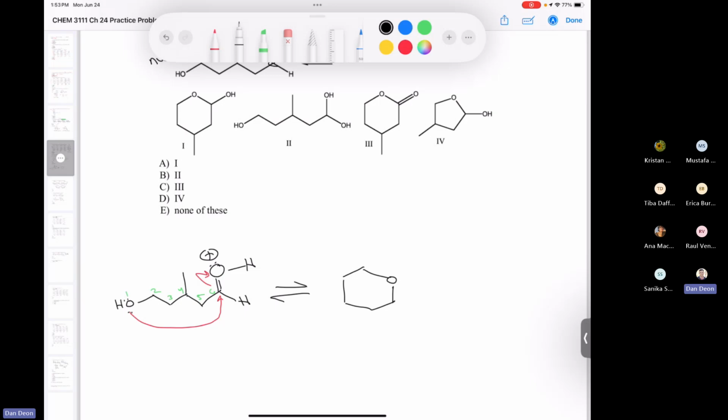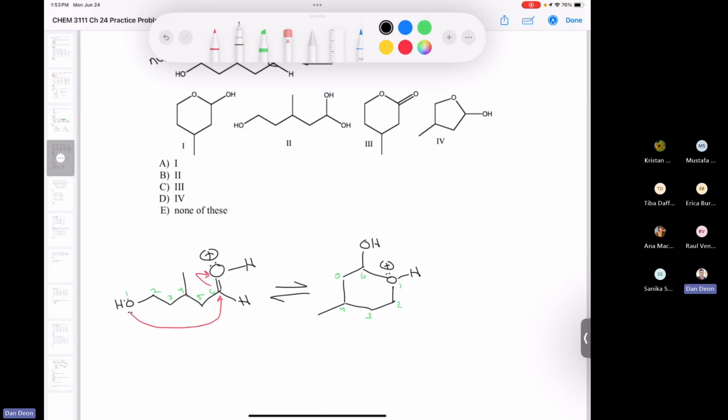Let's see, did I do that right? Yep, I did. So we have our hydroxyl group like this, and then this is going to be protonated like that. Now if we number them, this is going to be 1, 2, 3, 4, 5, 6. So on carbon 4, I'm going to have a methyl group.